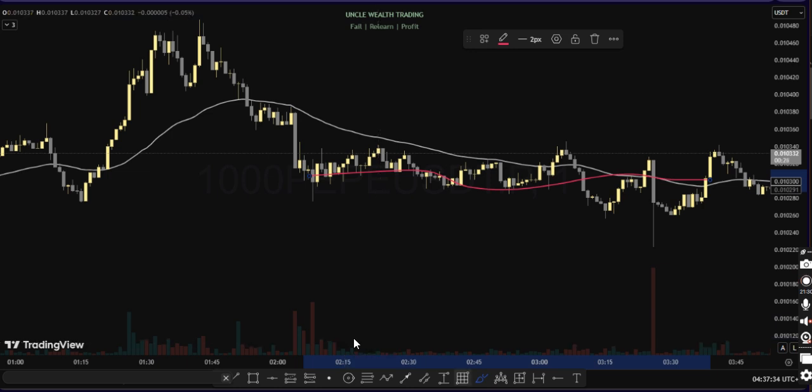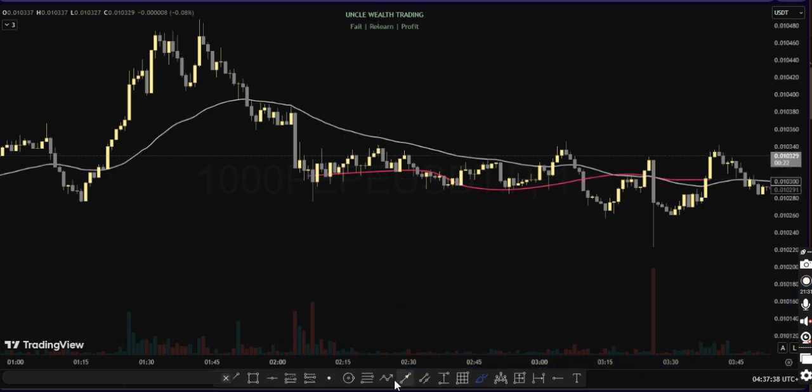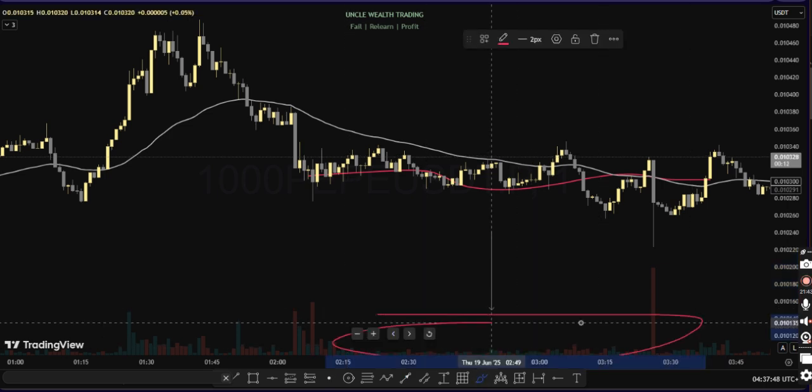If you check down here with our volume indicator, all this area, you notice that the volume is low.